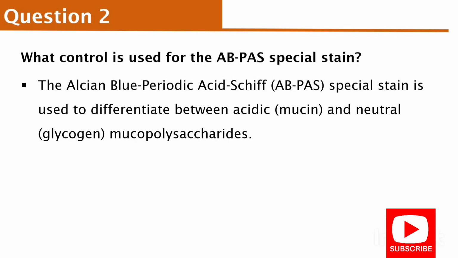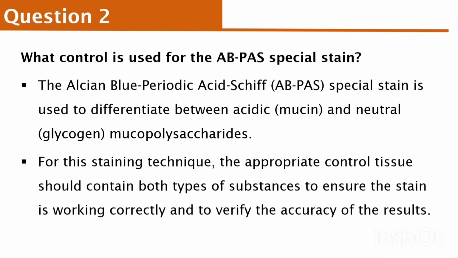I hope that makes sense. Okay. So now, for these techniques, the appropriate control tissue should contain both types of substance. That's what I just said. So if we're going to do this test, we need a sample that contains what ABPAS can differentiate. I hope that makes sense.